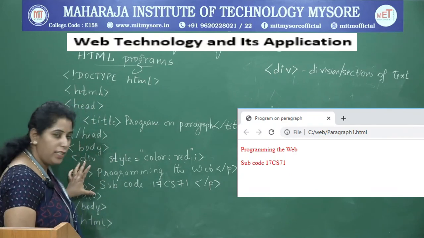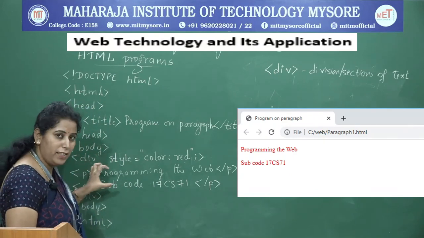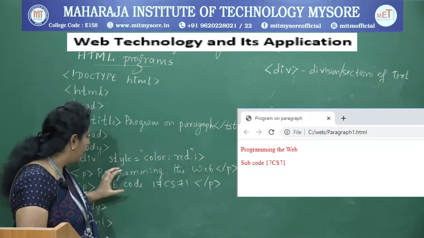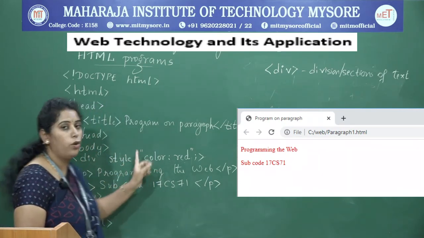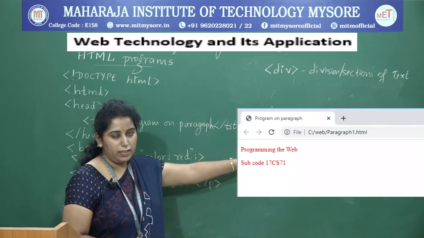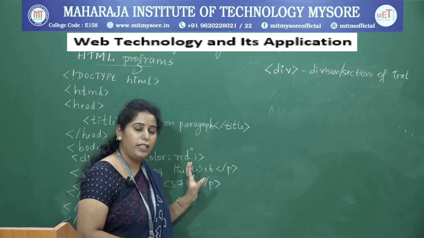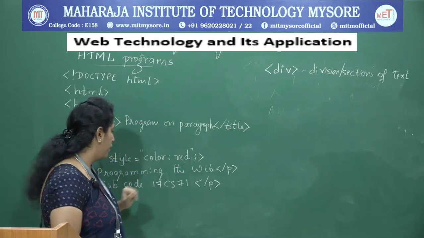So since the div tag is used, it has built different paragraphs into a single section. The entire section is going to be decorated with red color. Okay, so this is the advantage of using the div tag.